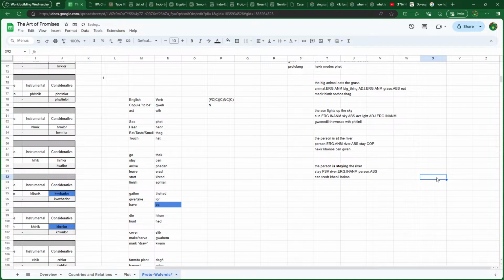Okay, okay. Final answer. Lock it in, Alex. The person is at the river, right? That's Hekir Konoshengue. The person is staying the river. Or rather, no, actually. The river causes the person to stay.